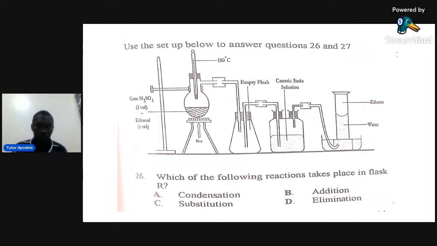So first remove that OH at the back. That's why I'm telling you to bring out your notebook and write all these things down. When you remove that OH at the back of C2H5OH, you'll be left with C2H5. Then remove one hydrogen from it.